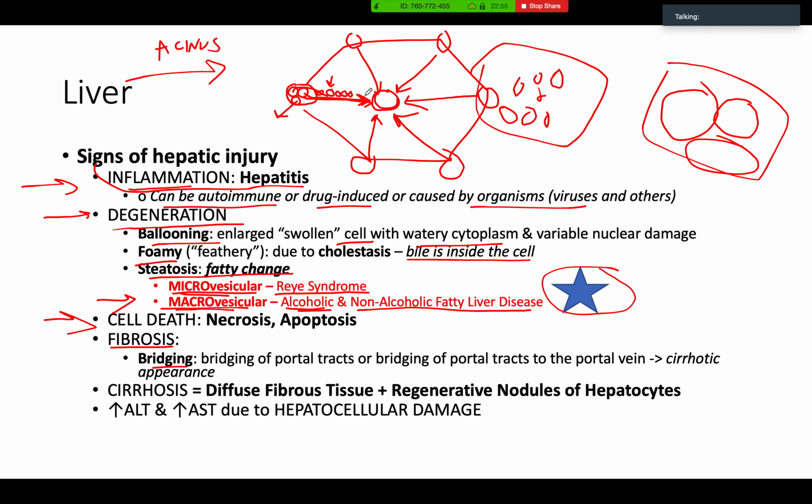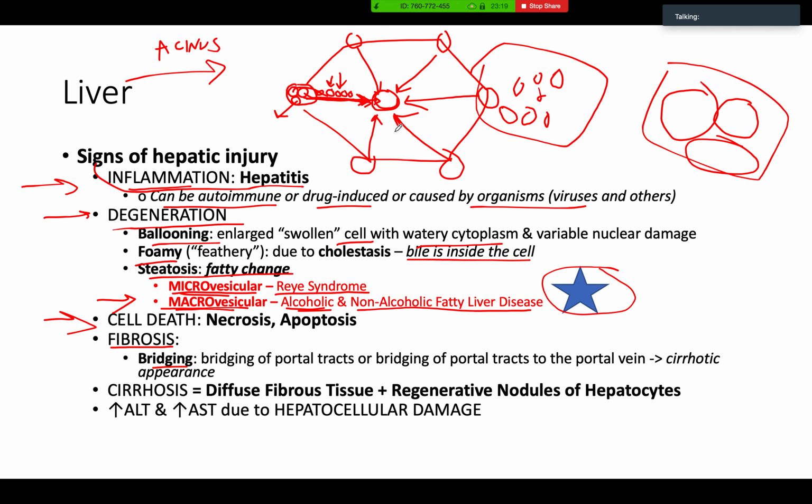It'll work through any proteins. It'll work through any fats that are there. That's the job of the liver, is to metabolize everything from our diet. And so that's why we have this structure in the liver, so that all of the blood coming to the liver gets nice and cleaned and metabolized by these hepatocytes, and then it all dumps into one hepatic vein that will go into the inferior vena cava and then go back to the right side of the heart.